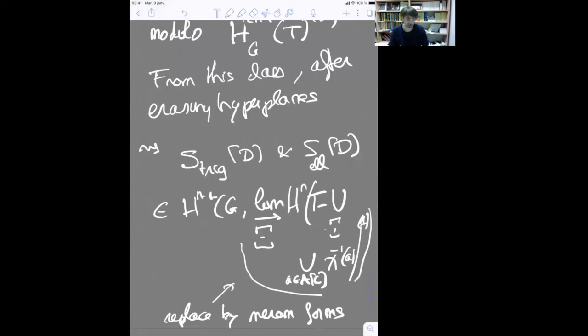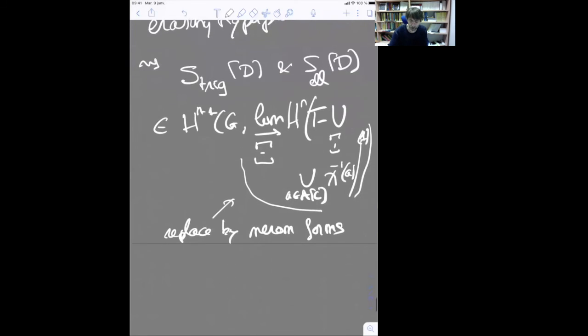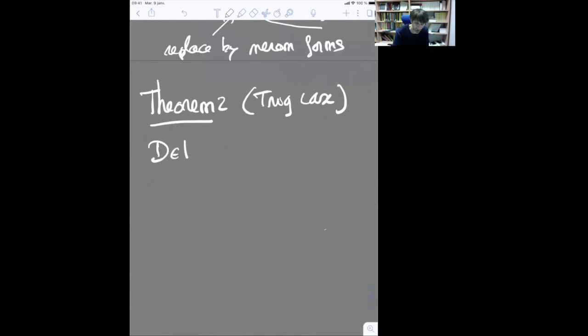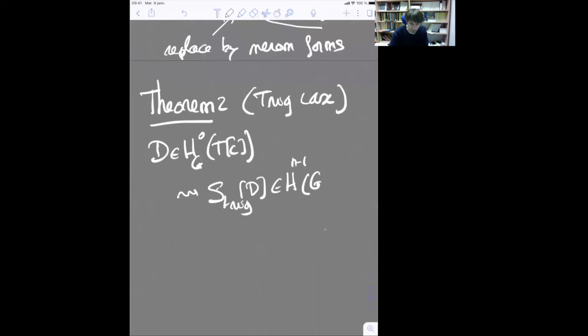So let me just finish by stating two theorems, that I will discuss later. So the first theorem is theorem 2 in the trigonometric case. If you take any divisor D, then you associate to this a trigonometric cocycle that belongs to this.